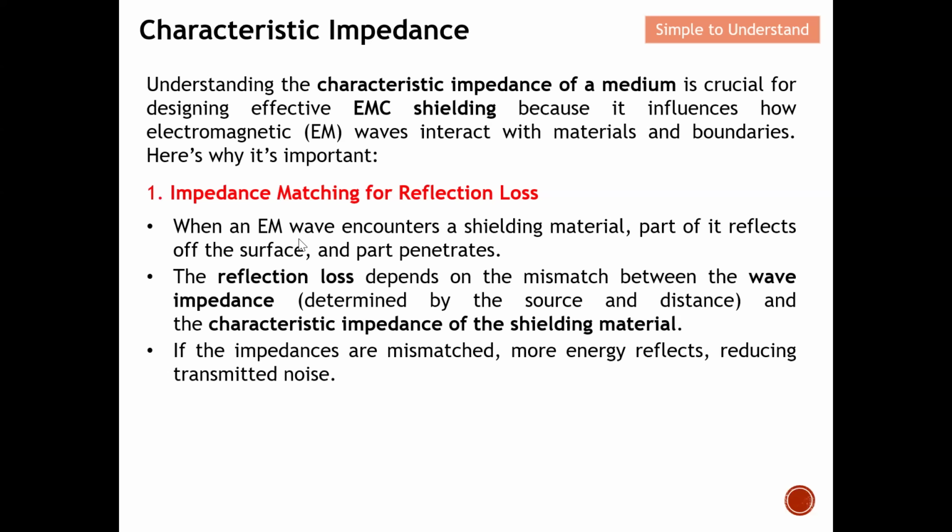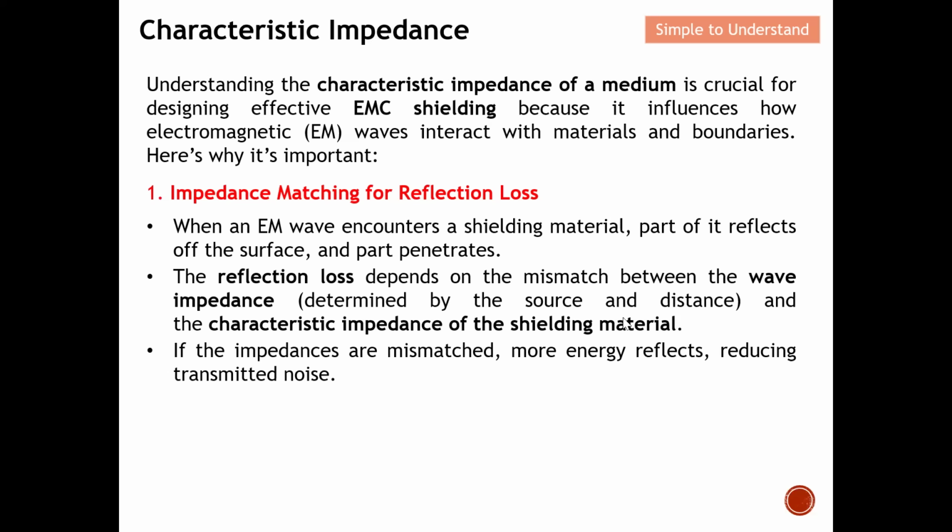When an EM wave encounters a shielding material, part of it will be reflected off the surface and part of it will be able to penetrate through the shielding. The reflection loss depends on the mismatch between the wave impedance and the characteristics impedance of the shielding material.